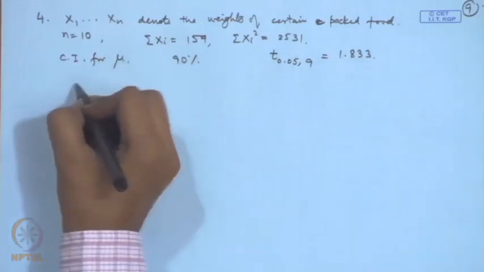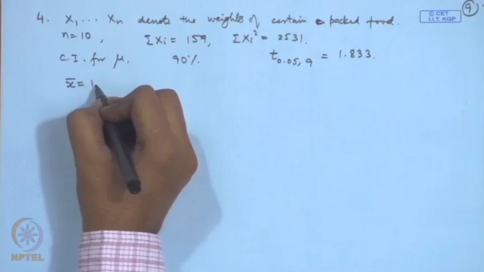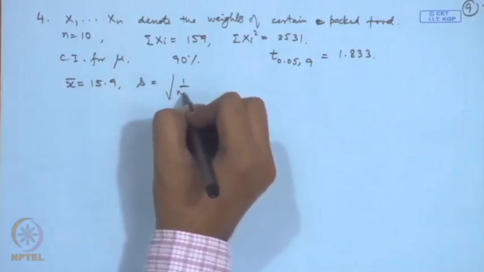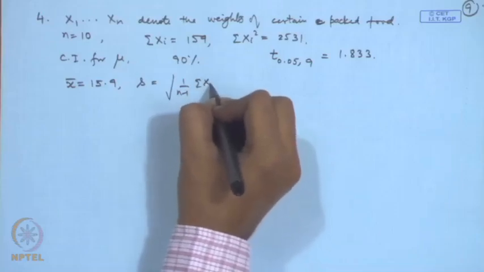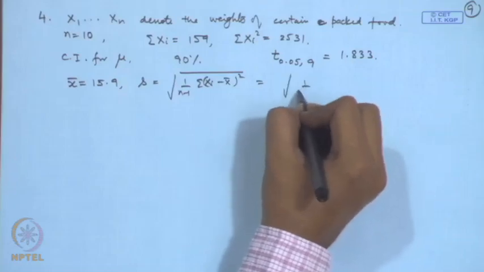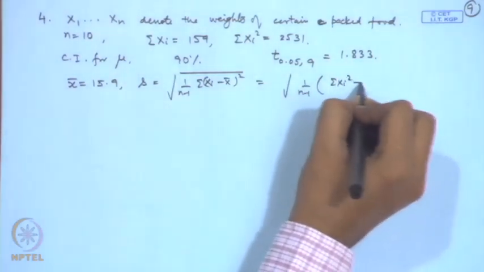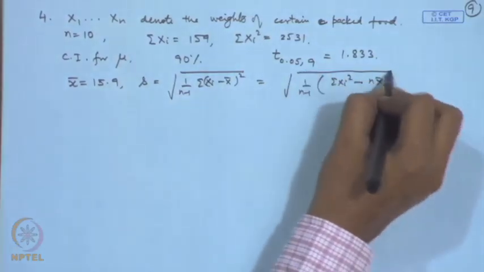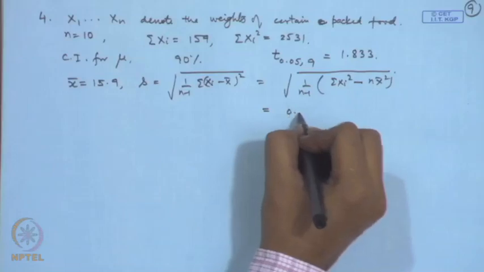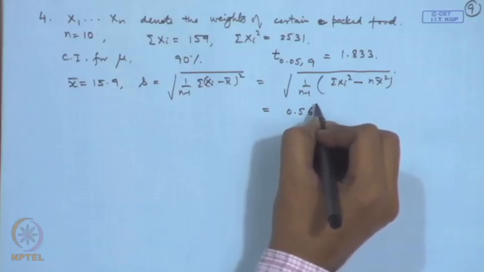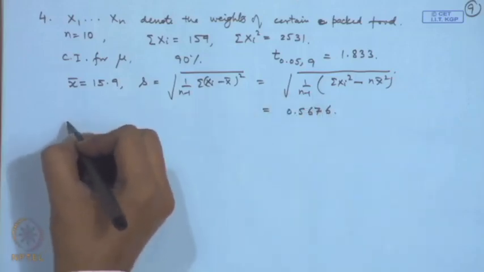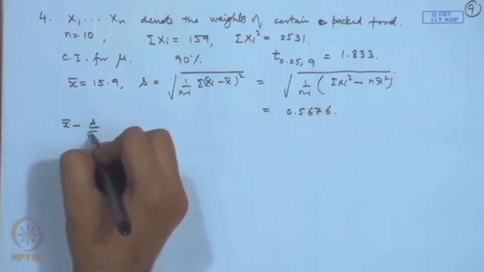Now, from the given data x bar can be calculated, it will turn out to be 15.9, and the value of s, that is the square root of 1 by n minus 1 sigma x i minus x bar whole square, that is equal to 1 by n minus 1 sigma x i square minus n x bar square, can be calculated to be equal to 0.5676.